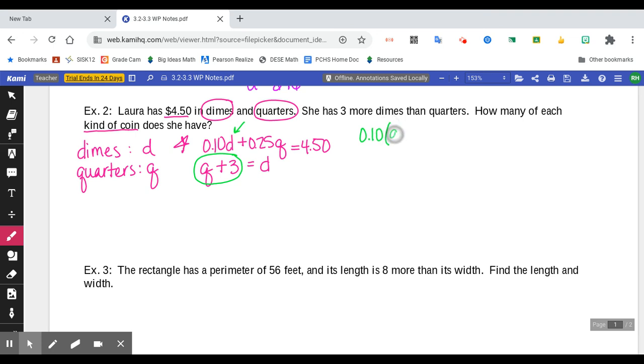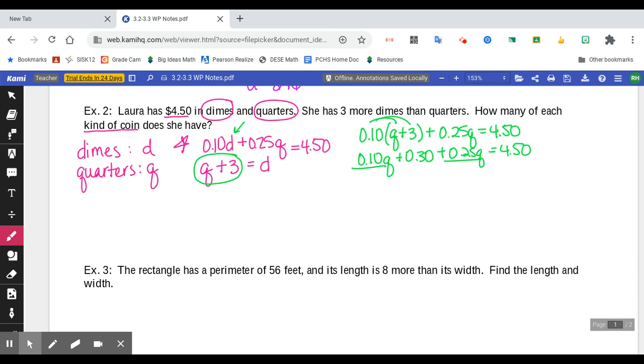Okay? So I have 0.10 times (Q plus 3) plus 0.25Q equals $4.50. Let's distribute. So 0.10Q plus 30 cents plus 0.25Q equals $4.50.